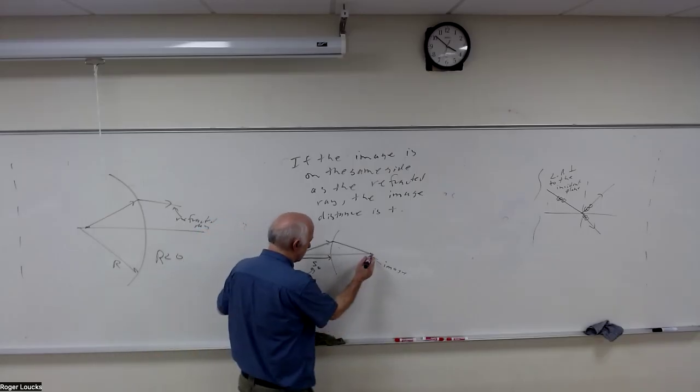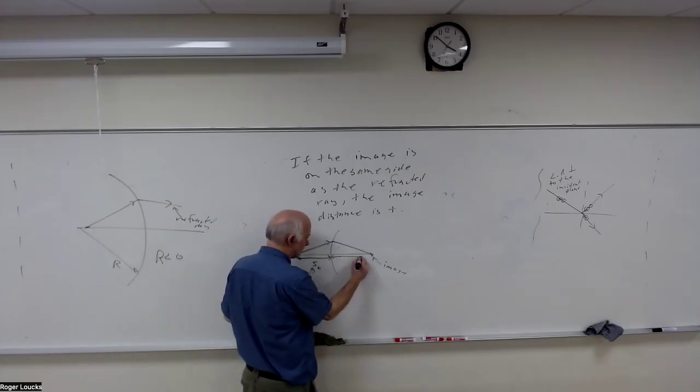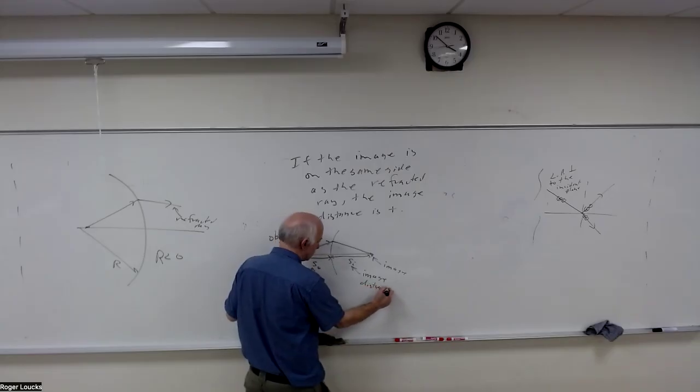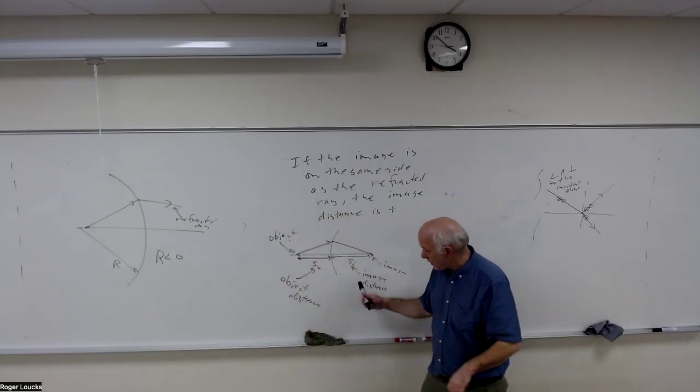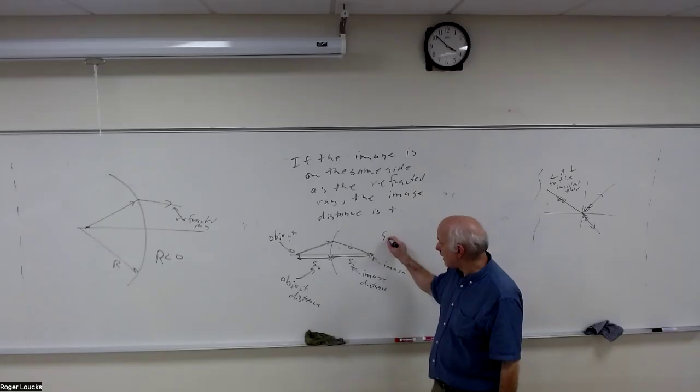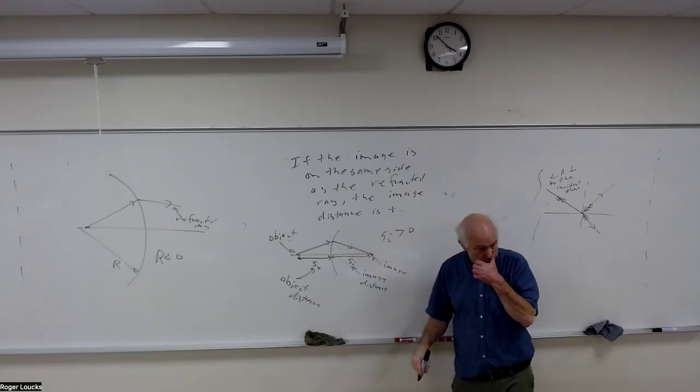The distance from the image to the center, I'm going to call SI. This is my image distance. My image is formed over here, on the same side as my refracted ray, so this SI will be positive.